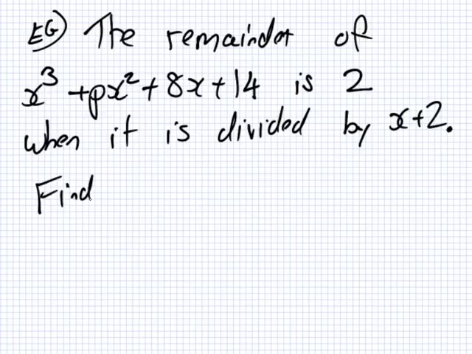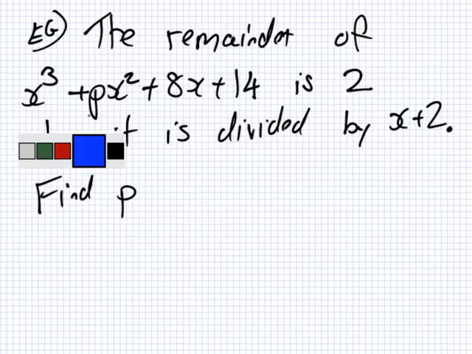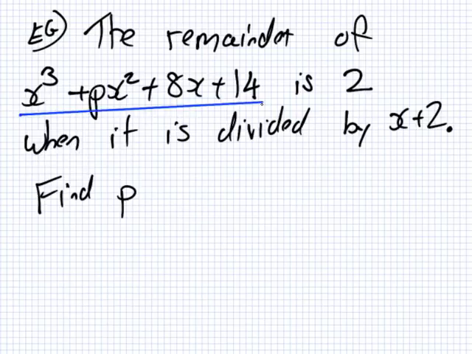Find p. So, here what I want you to do is find p. I tell you that this divided by this will make 2. And that's enough to find the p. It's very similar to the last ones. Try and find p for me now.